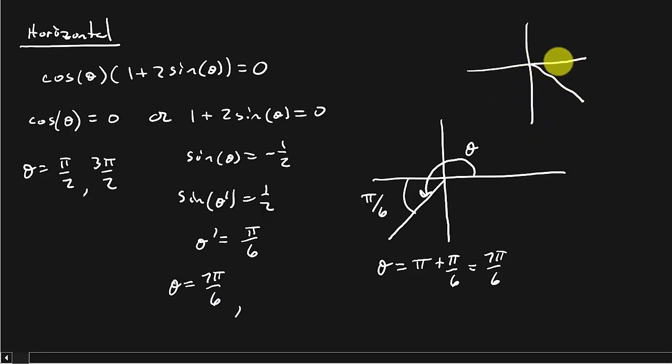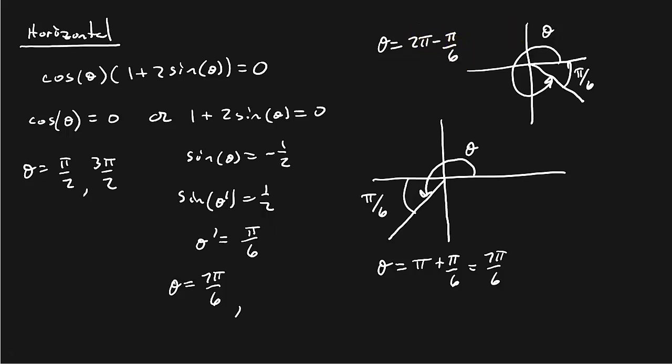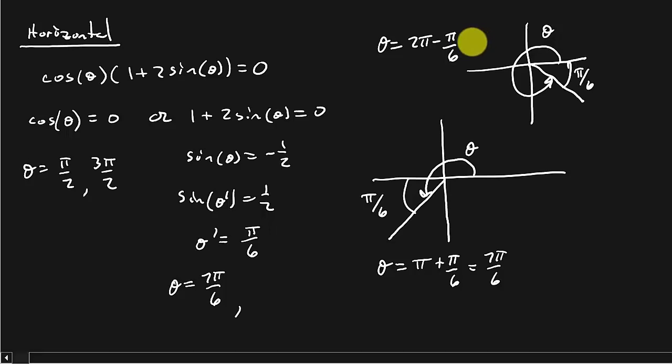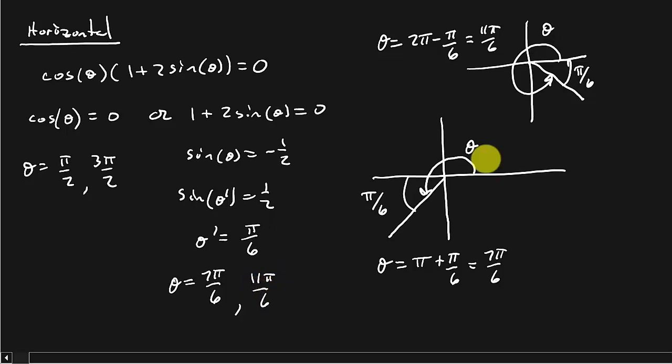Now I need my fourth quadrant solution, so I'll draw that up here. I need theta. There's my reference angle, pi over 6. So here I get theta is 2 pi minus pi over 6. All right, so that is going to give us 11 pi over 6.